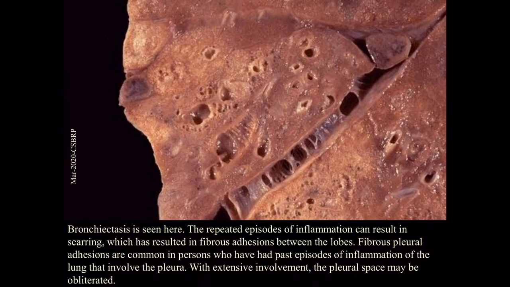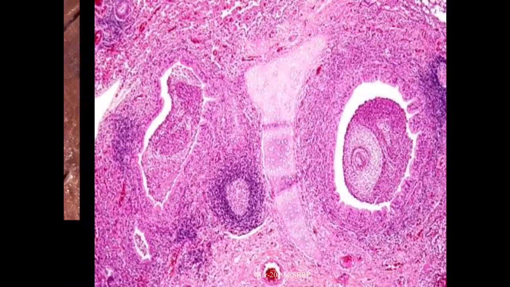Because of recurrent infections, there may be adhesions and fibrosis. You can see flimsy fibrous tissue on the pleural surface of two lobes, bridging them. This is fibrosis secondary to bronchiectasis.